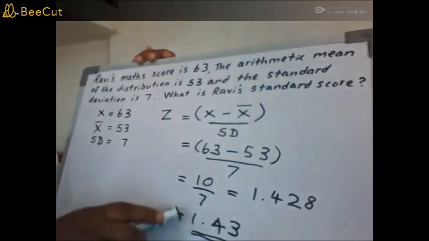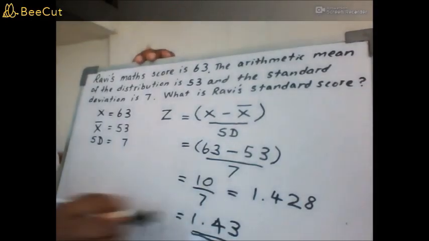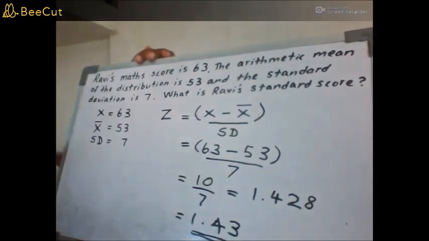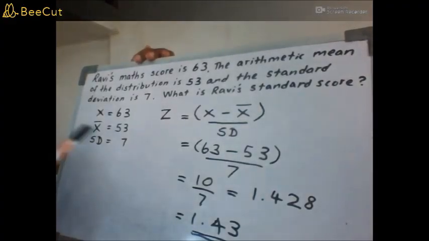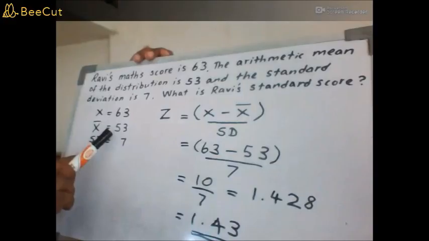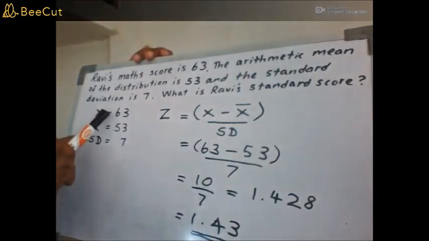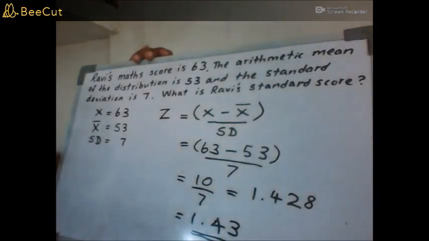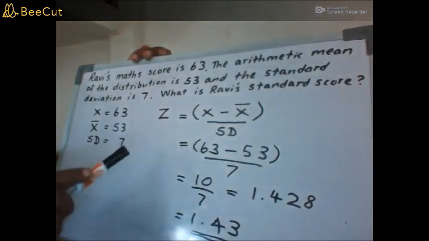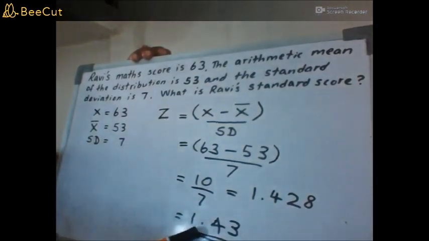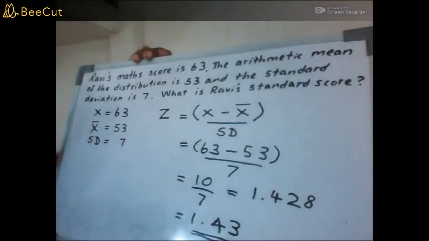It's a plus value. How can you interpret this? It means Ravi has scored above the average. The average is 53, Ravi's mark is 63, so we know Ravi has scored above the average, and according to the standard deviation, it's 1.43.